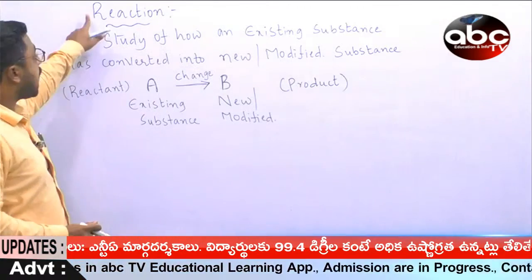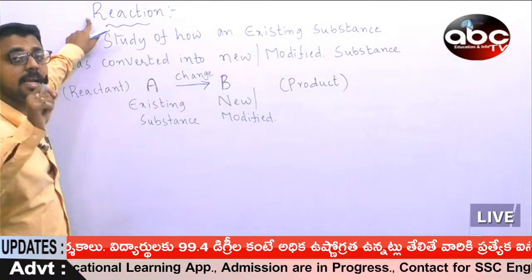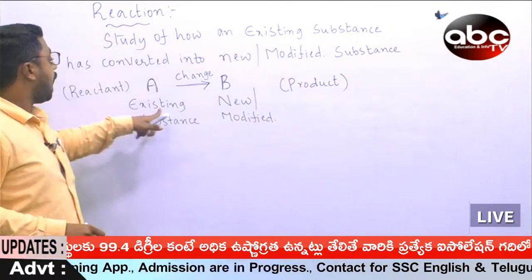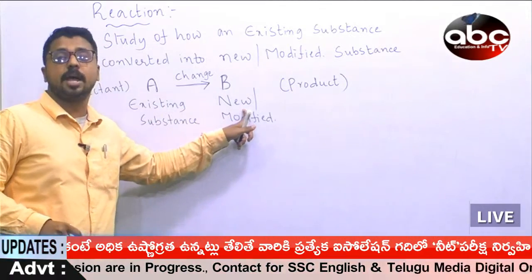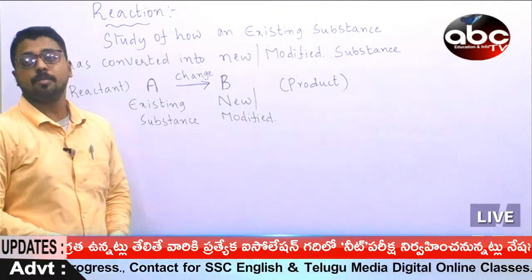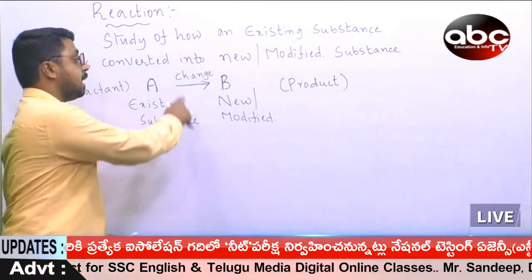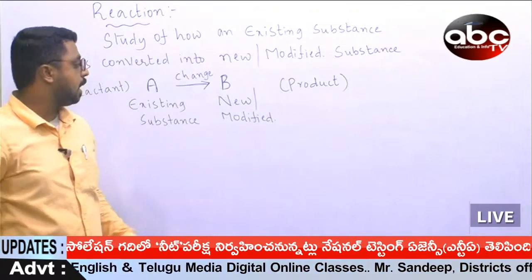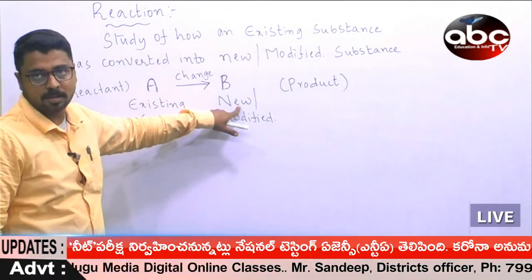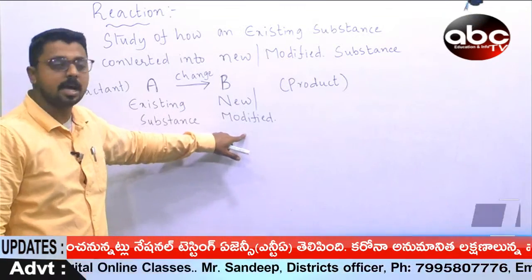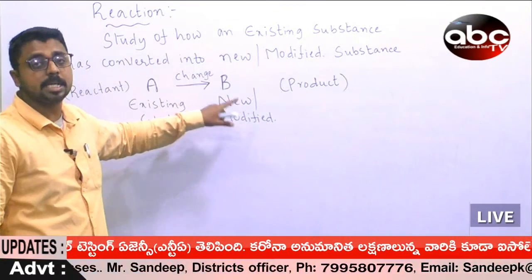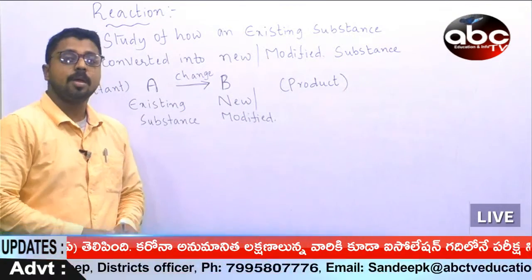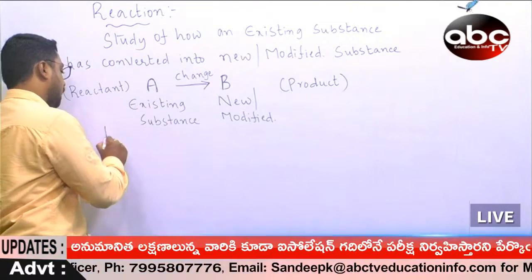So a reaction studies in detail how an existing substance has been modified into a new or a modified substance by an applied change, maybe physical, maybe chemical. If physical change, it gets a modified substance. If chemical change, it gets a new substance. So here we would like to study a definition.